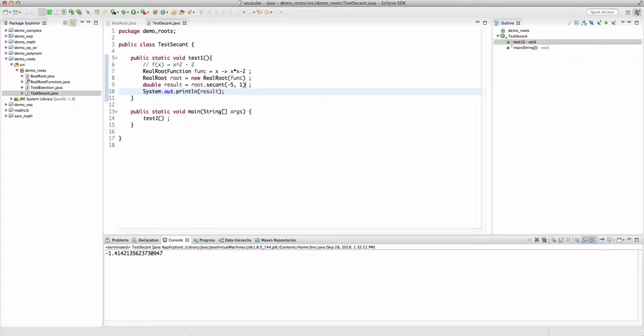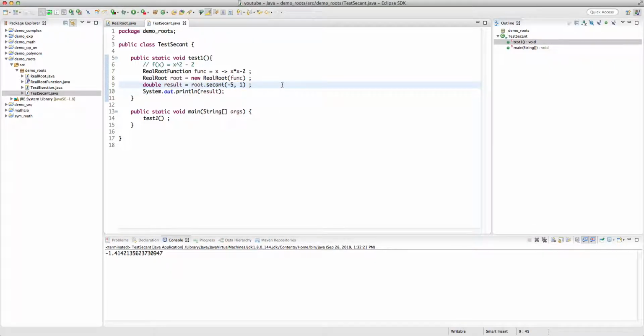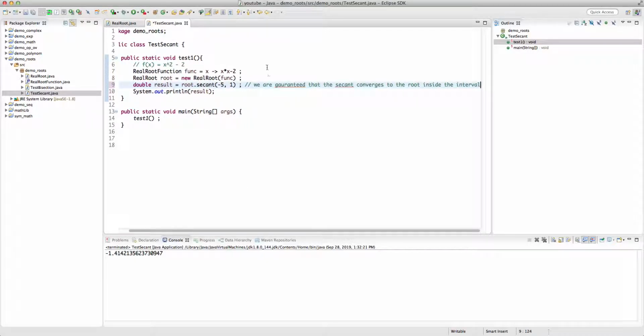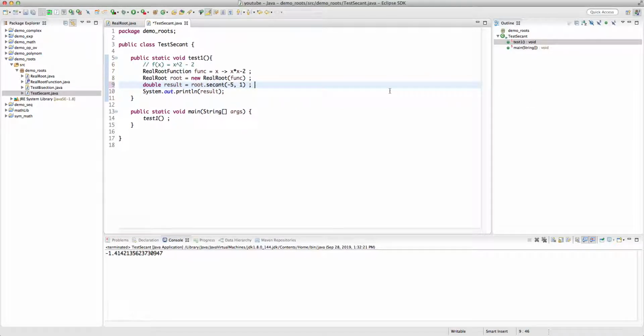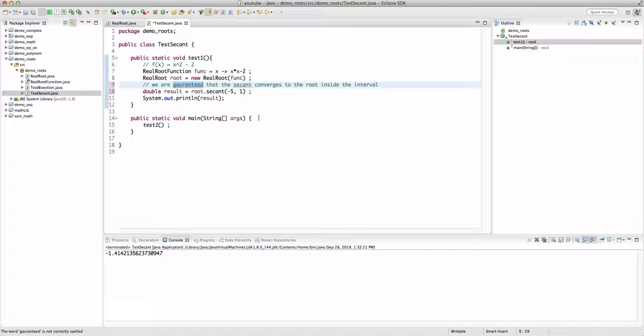And as you can see, now we are guaranteed that the secant converges to the root inside the interval. Okay, and that's now because of the fact that we search for a valid bracket when we're doing the recursion.